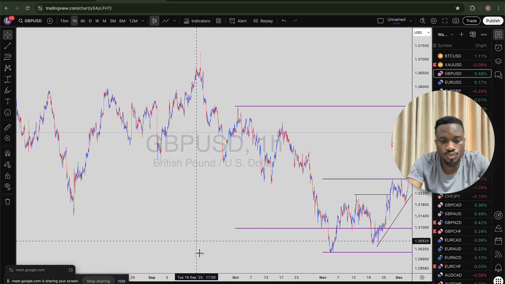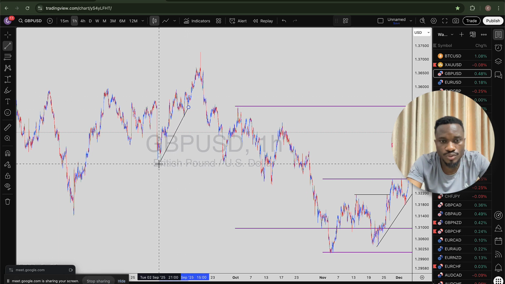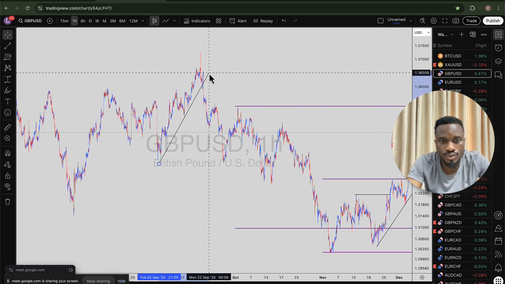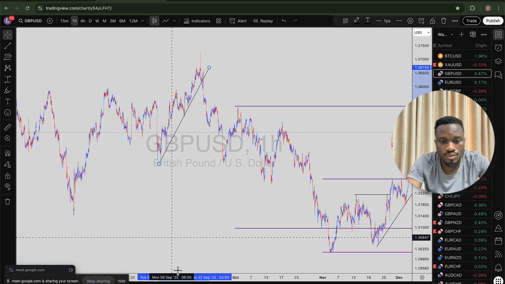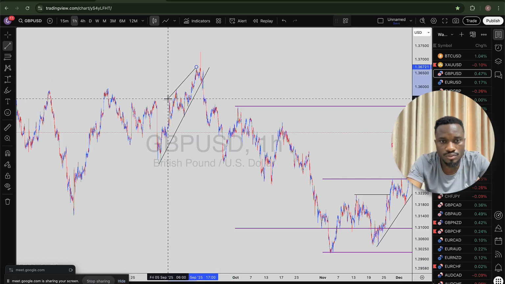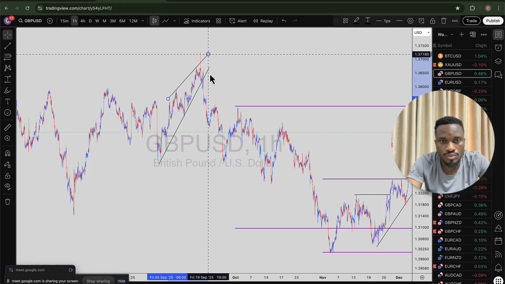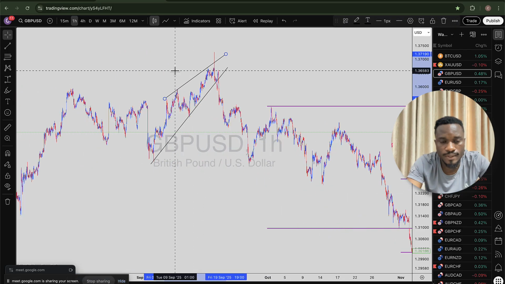I think we have a good one on GBP USD from this low all the way right here. We fired it all the way up, and we have our trend here. Let's zoom in and see.